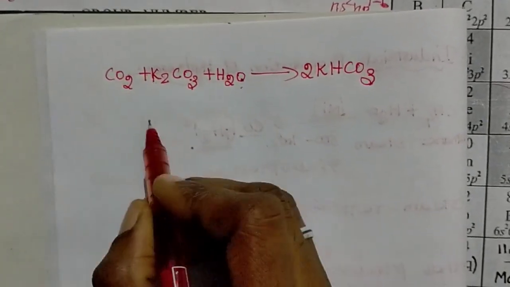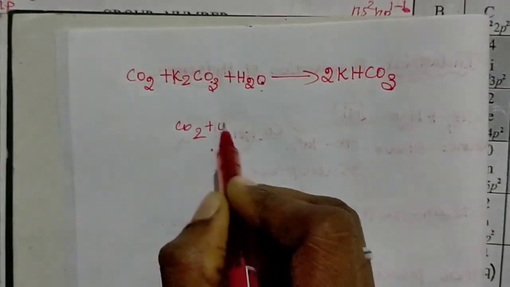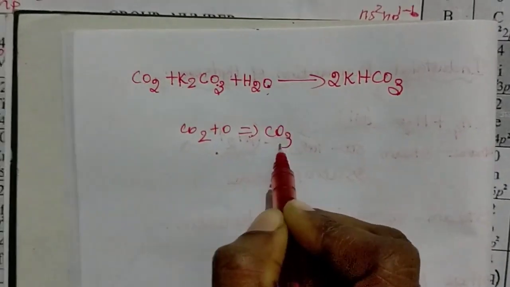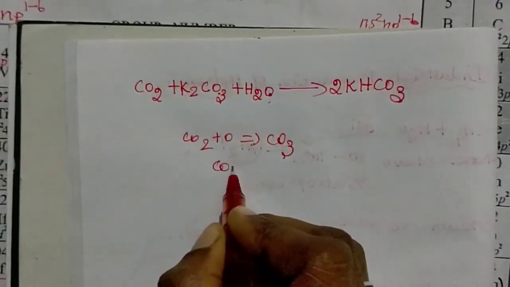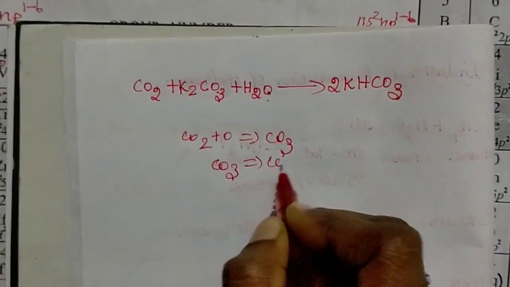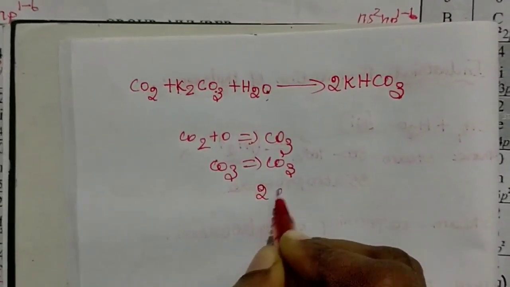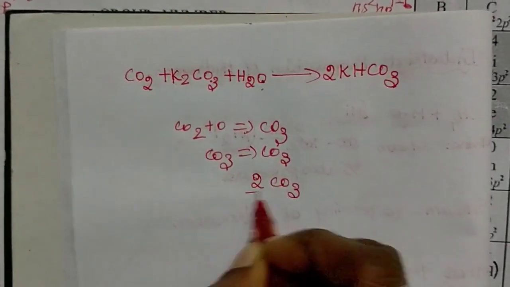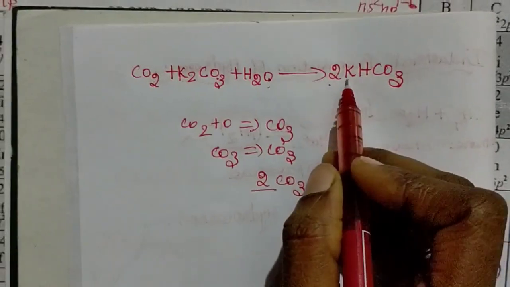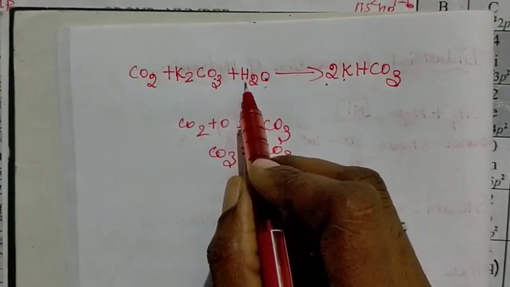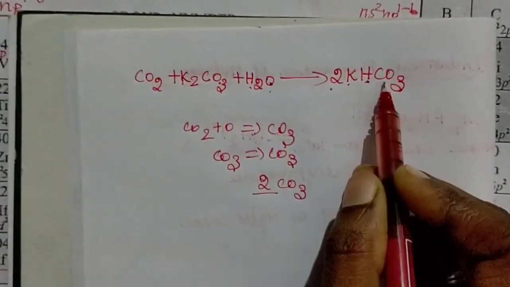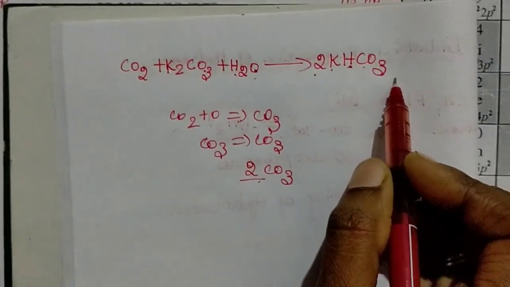So it becomes CO2 plus 1O, CO3, and it also contains CO3. So how many CO3 are present? 2 molecules of CO3. So 2 molecules of potassium, 2 molecules of hydrogen, and 2 CO3.